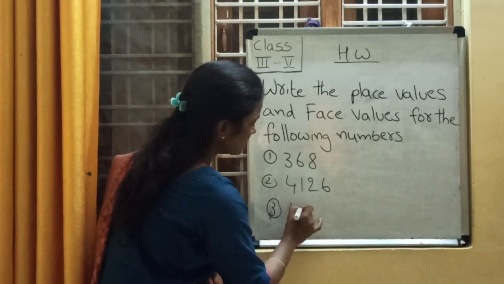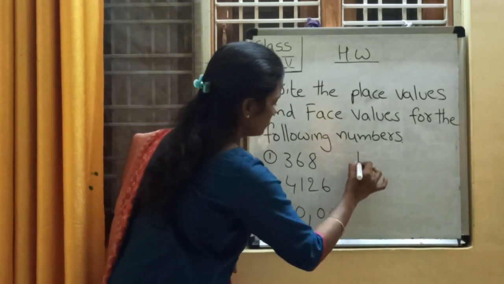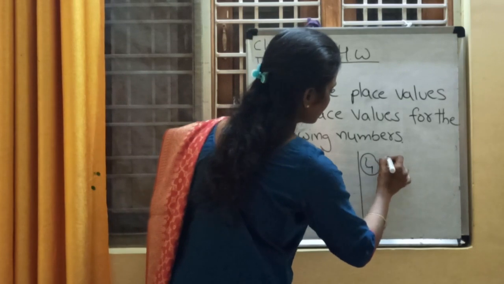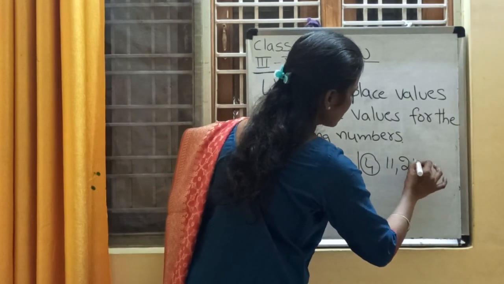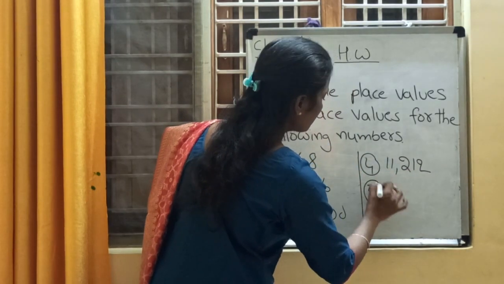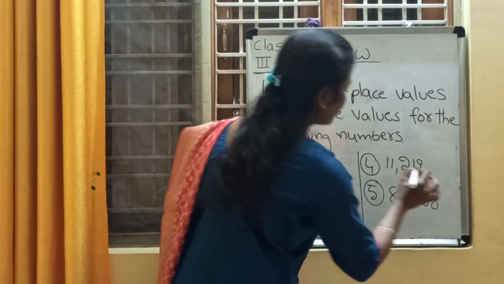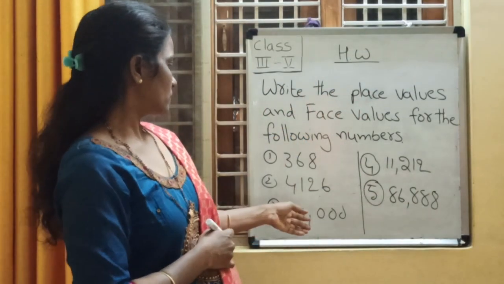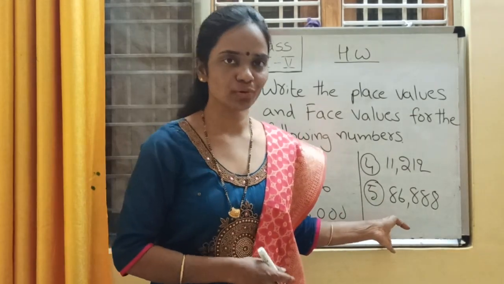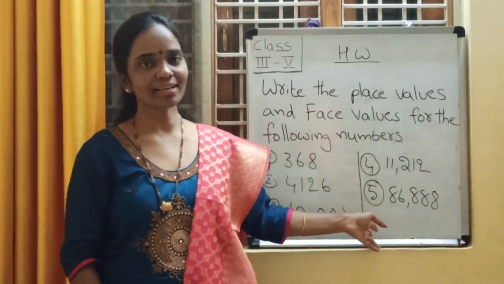Third example is 10,000. Fourth example is 11,212. Fifth example is 86,888. So practice these problems at your home, children, and be ready for the next class.